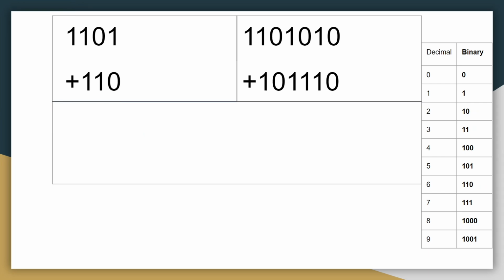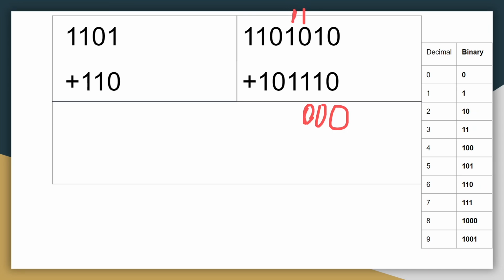Now let's move on to the second problem. Over here it's 0 plus 0, which is just 0, and now 1 plus 1, like we just did in the previous problem. We put a 0 down here and add a 1 on top. 1 plus 0 plus 1, again we do the same thing, put a 0 here and carry a 1.